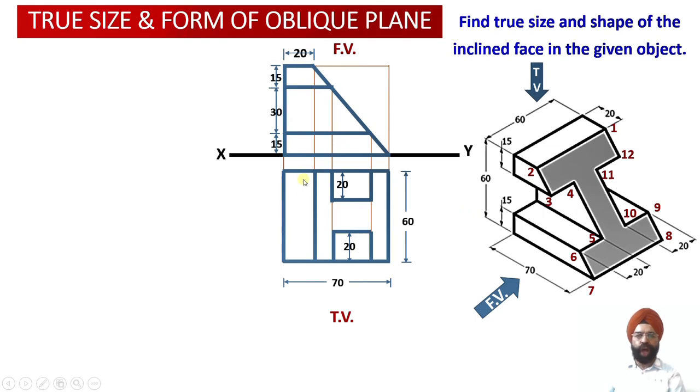Then looking from the top, this surface corresponds to this particular rectangle over here. Next, we have got the apparent shape of this particular inclined portion of the web. So this portion has been obtained using the information of the front view in the top view.